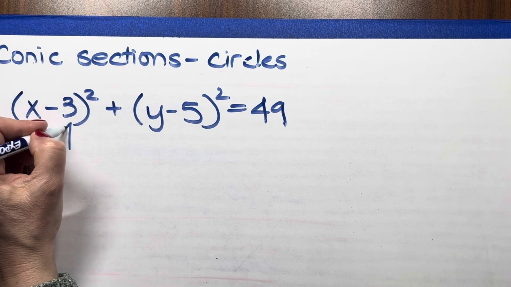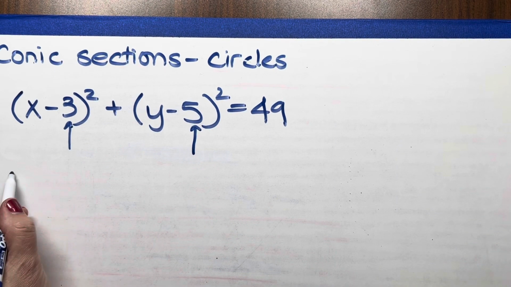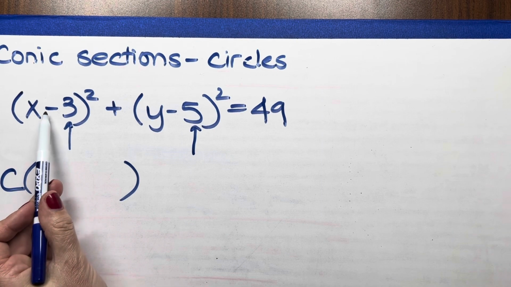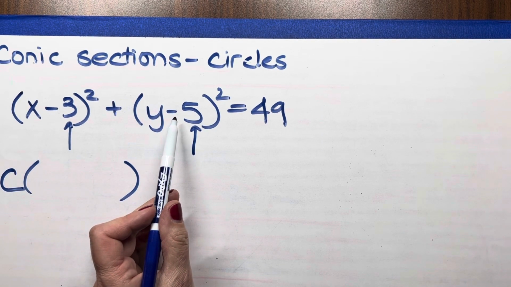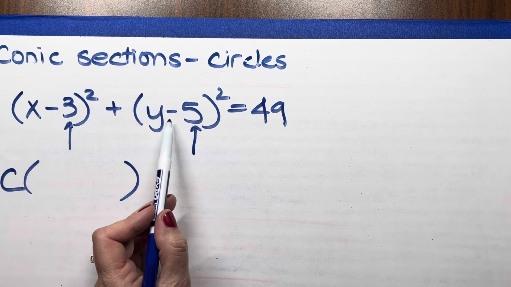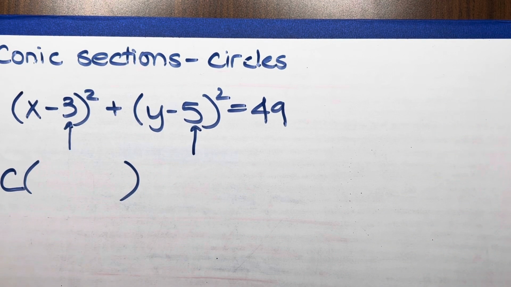So remember that we are looking for what these values are in our parentheses. Now, something to note, the subtraction sign is part of the formula. So when I am pulling out my h and my k, if these are both negatives, I'm just taking the number itself because the minus stays as part of the formula.